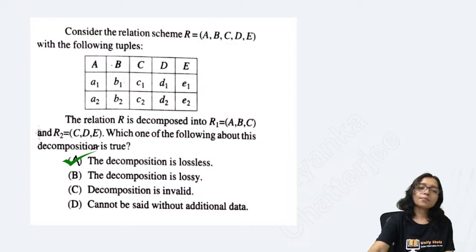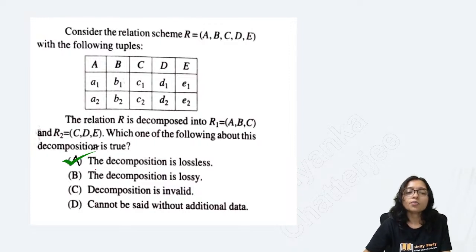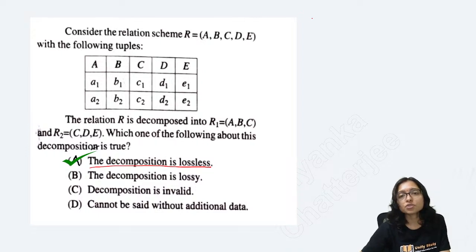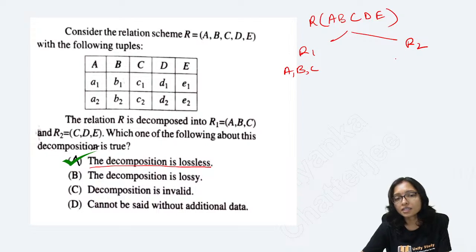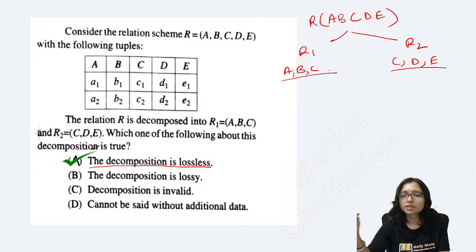Okay, answers are coming. Yes, the decomposition will be lossless. Why? First of all, you have to check that R was A, B, C, D, E. Now they are divided into two parts, R1 and R2. So here A, B, C and here C, D, E. They are divided into two parts.